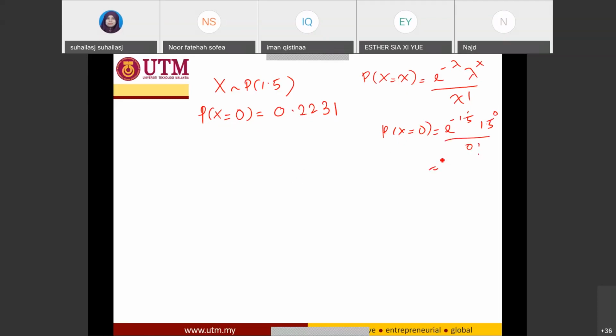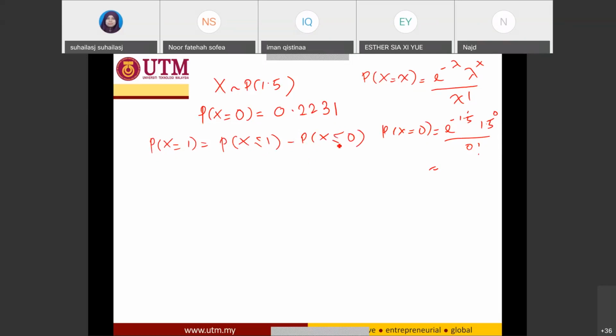Then solve for x equals 1, x equals 2, up to the last value, x equals 4. If you use your stats table, remember it is cumulative. Find lambda 1.5. To find exactly 1, probability x less than or equal to 1 minus probability x less than or equal to 0.